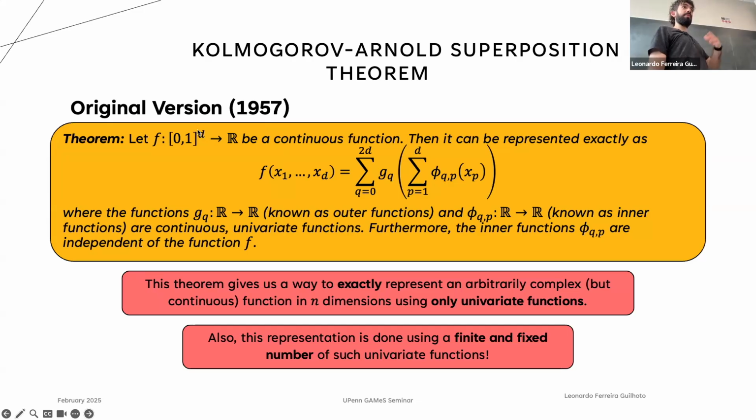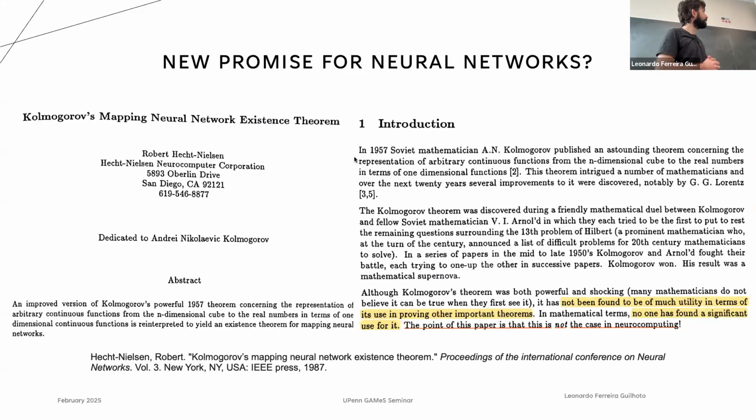I'm going to be using this notation throughout the talk. And over here, the q goes from 0 up to 2d. So this gives you a constant number of functions, given the input dimension, that you need to use. So that is very attractive for a lot of applications in math, both computationally and theoretically, right?